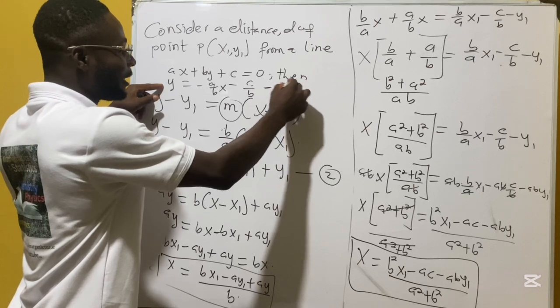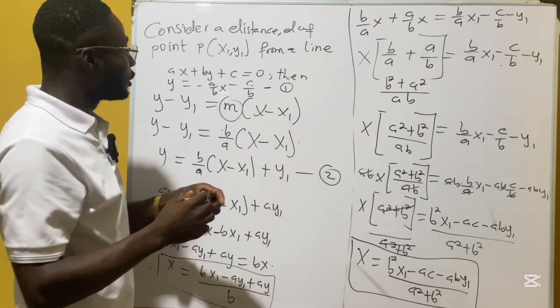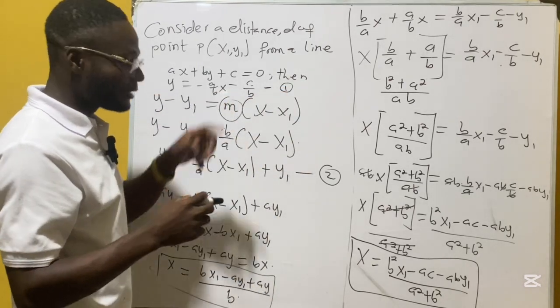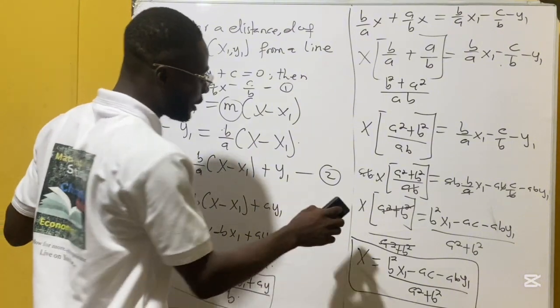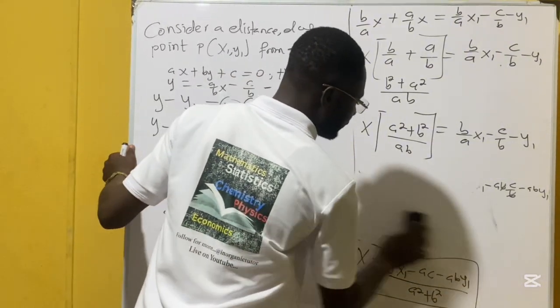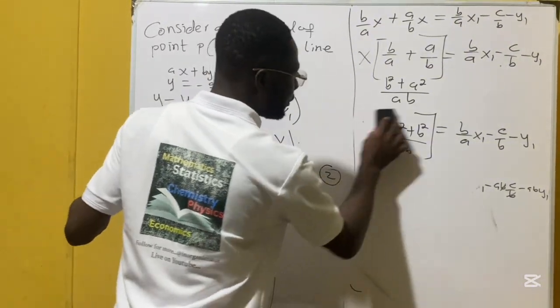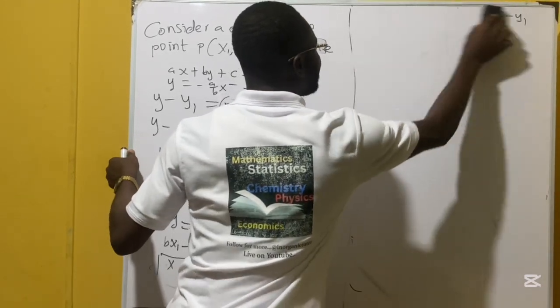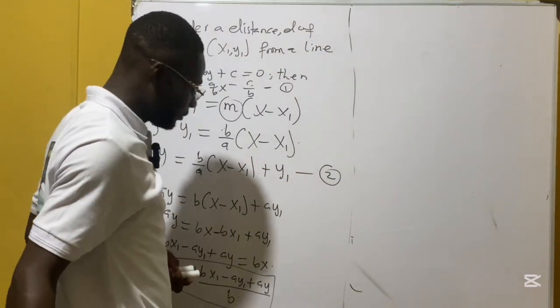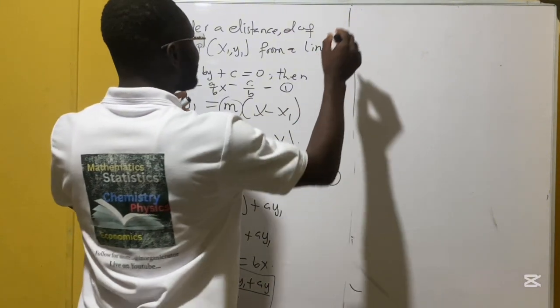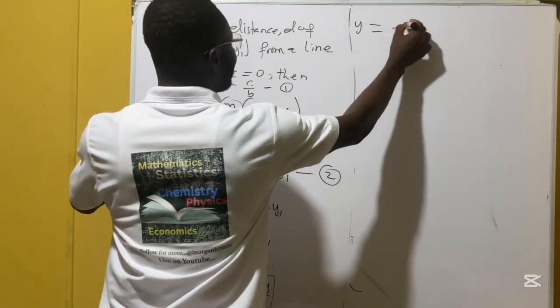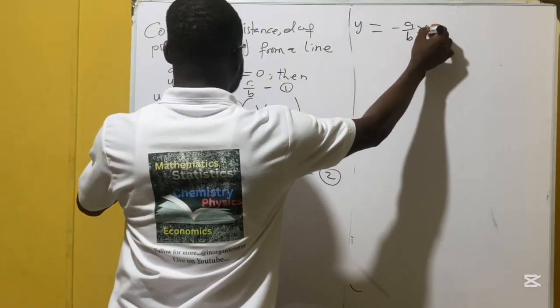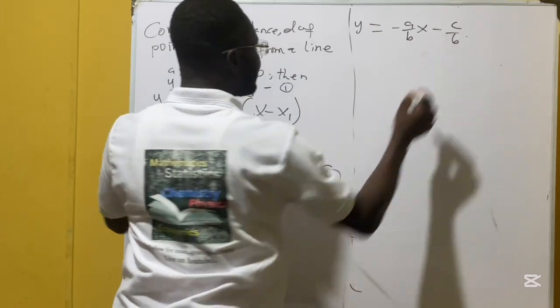This is our earlier equation 1, right? So making x the subject in this as well, we're going to have y equals minus a over b x minus c over b, right?